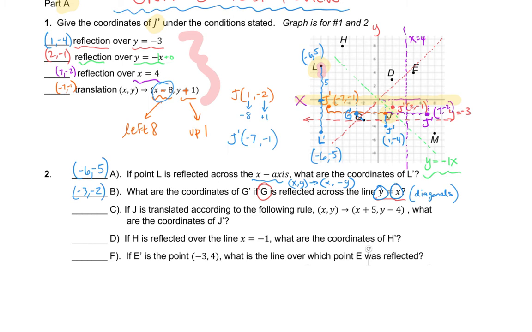You're going to flippy-floppy the x and the y. So if my original coordinates for G were (-2, -3), which they were, after the rule, it's just going to be (-3, -2), which is what we got. So the rule for y equals x says take whatever pair you have and switch them.